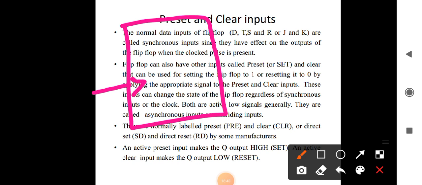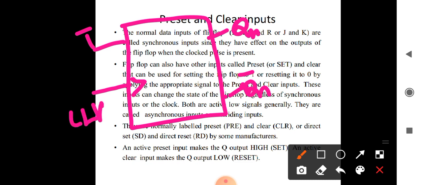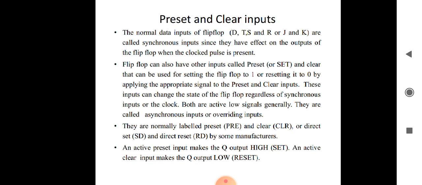If we have a T flip-flop, then we give Qn here and Qn complement here. According to this clock pulse, the T flip-flop responds to the input. The normal data inputs of flip-flops are called synchronous data inputs, since they have an effect on the outputs of the flip-flop when the clock pulse is present.